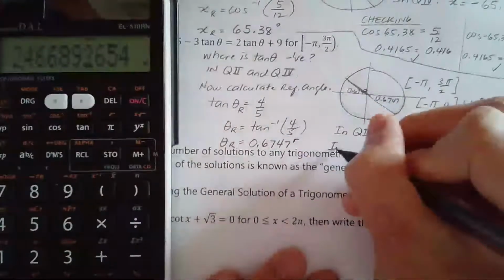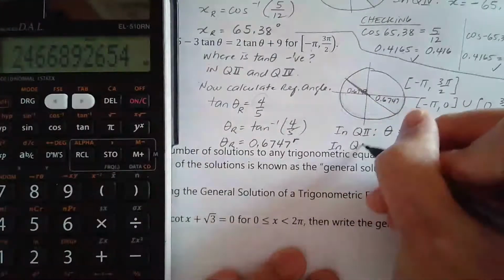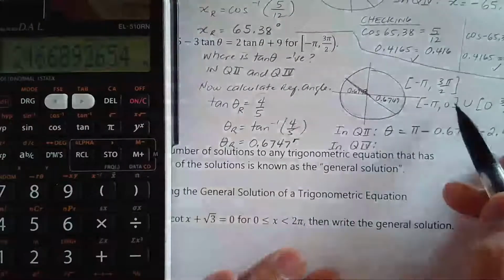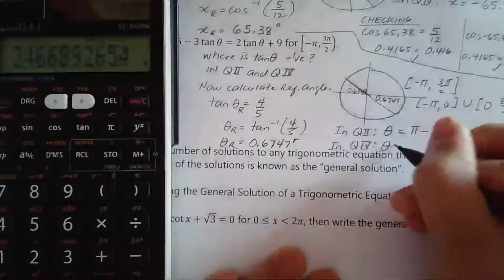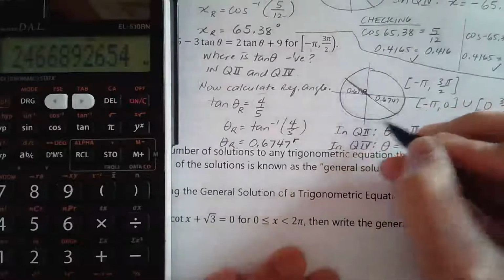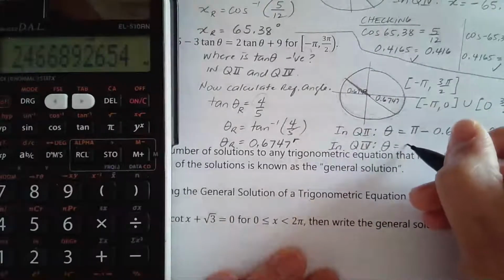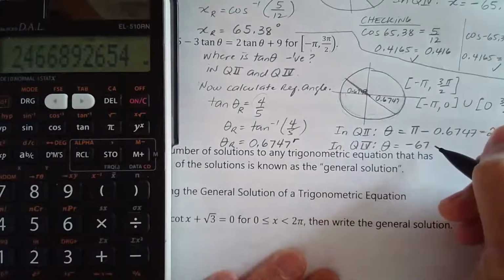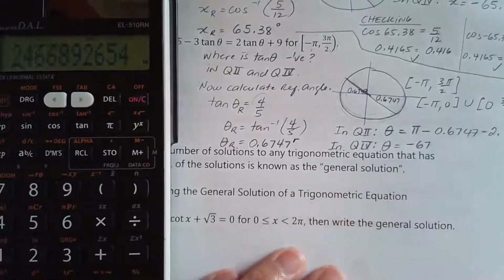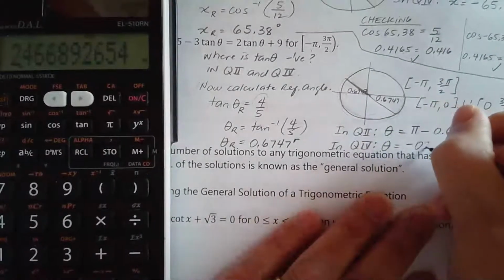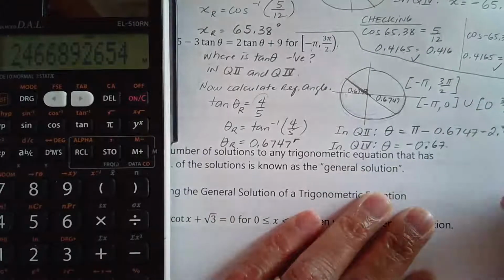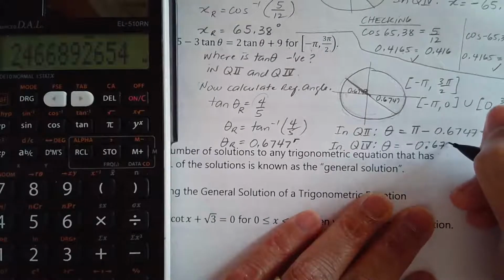And then in quadrant 4, that's where theta goes from 0 to negative pi. So that's really going to be just negative 0.67 radians.